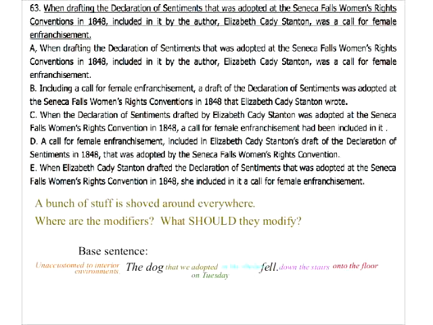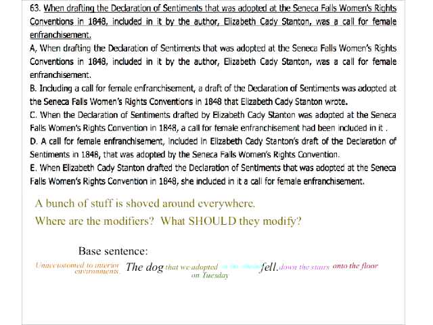We now have 1, 2, 3, 4, 5, 6 modifiers, but there's still a sentence, which is the dog fell. So when you look at a bunch of stuff shoved around, what you should do is see what's modifiers and what isn't modifiers, and what are the things that the modifiers are supposed to be describing.